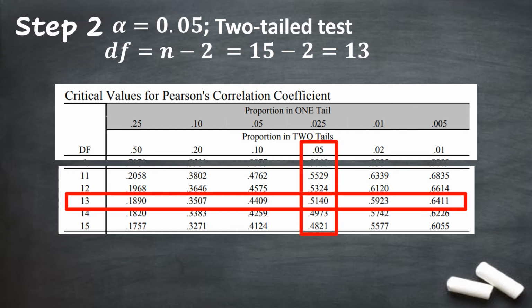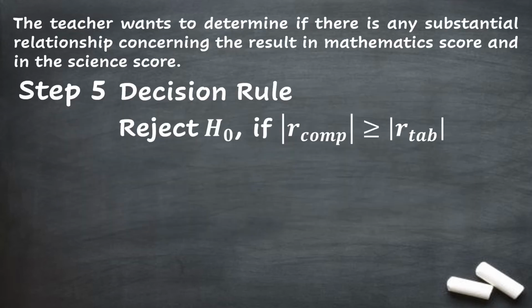And since the number of tail tests is 2 and the alpha level is 0.05, we have to align 0.05 in the second row and draw an imaginary vertical line passing through 0.05 in the second column, in the second row rather. And the intersection of those two imaginary lines will be the value for your R tabular.